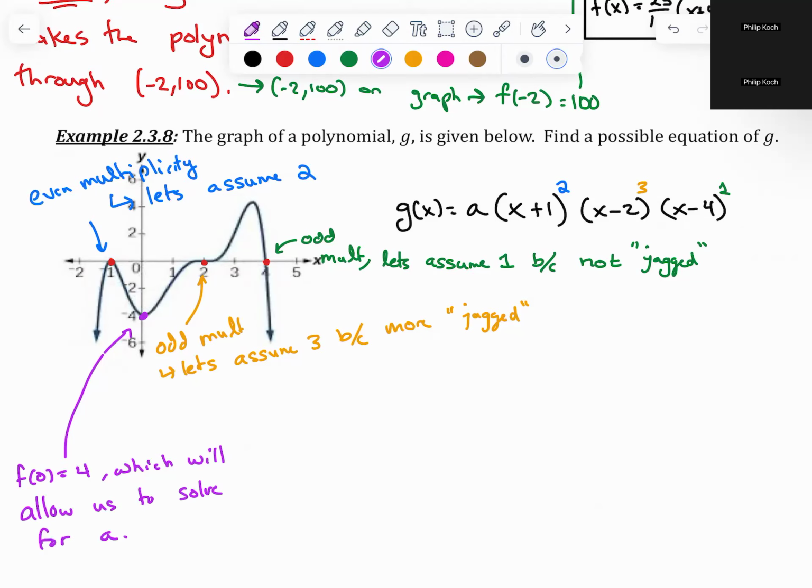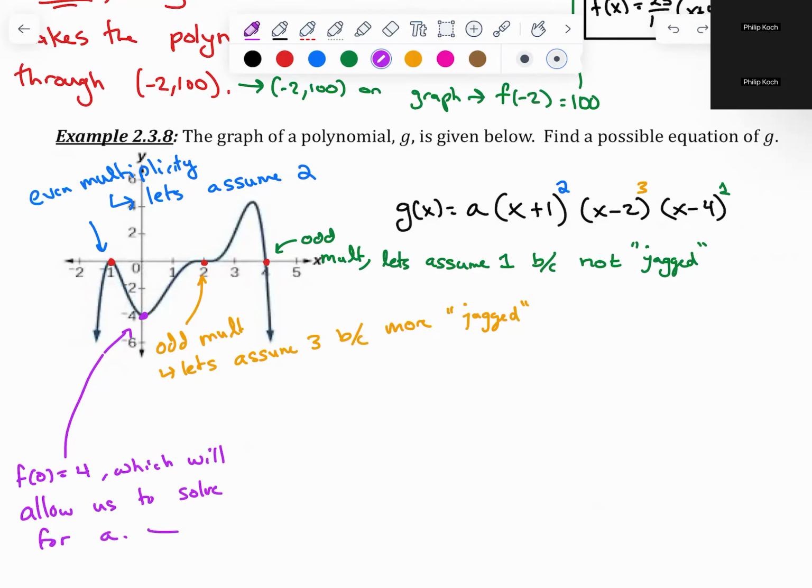On an exam, I'd probably give you either that point, or maybe (3, 2), or (5, -4). I'd probably put in the problem statement, note that the graph passes through this point, so that you can utilize it to solve for A.